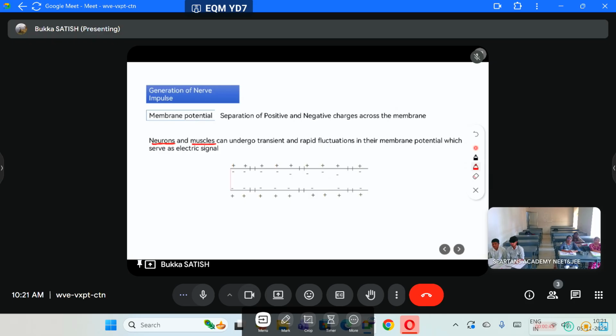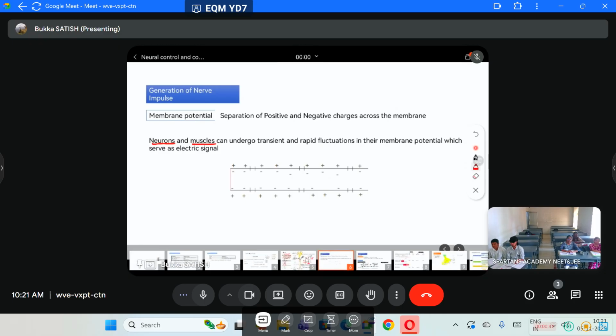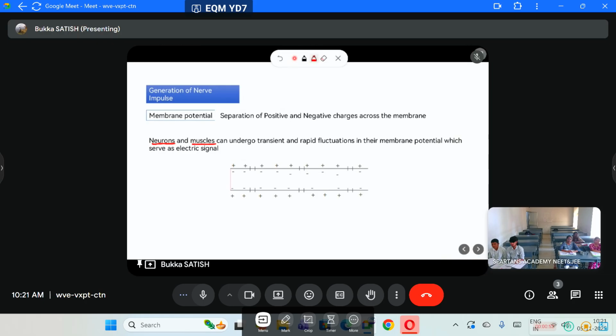So, we've understood that initially the membrane potential will be the way it is shown here. You can see outside positive, inside negative. This is how the membrane potential is, which is going to undergo some fluctuations.